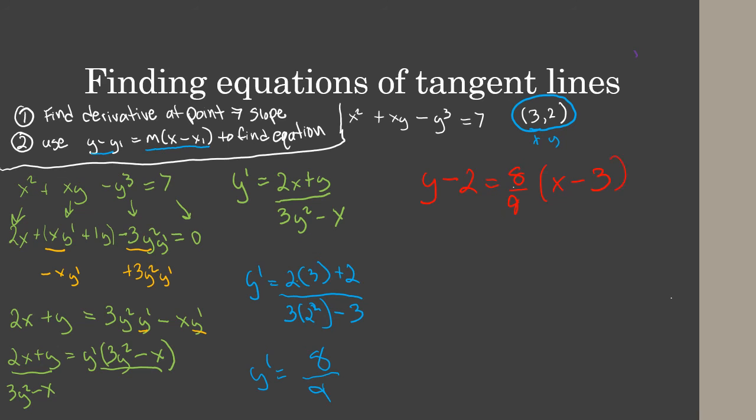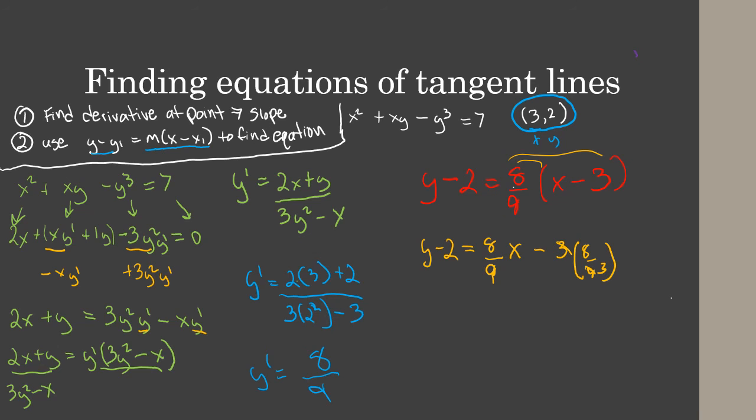And we solve for the equation. So the first thing that we'll do is distribute this 8/9 to everything. So we've got y minus 2 equals 8/9 x minus 3 times 8 over 9. Now we can do a little cancellation here, so that gives us 8 over 3.